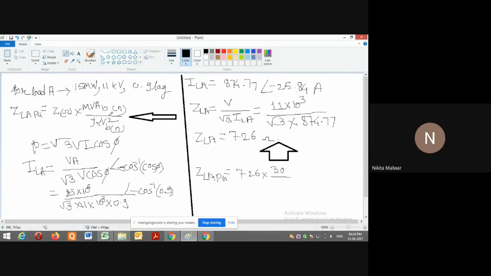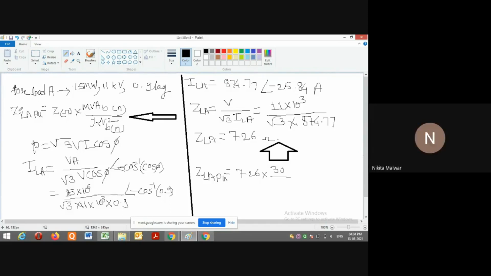KV base 1, ma'am. Why have we chosen KV base 1? Because the load is in the first section.